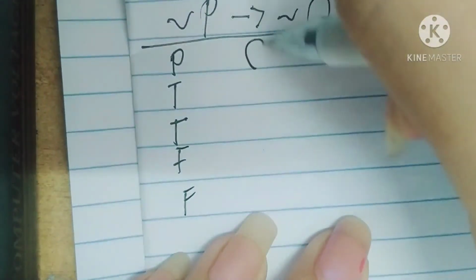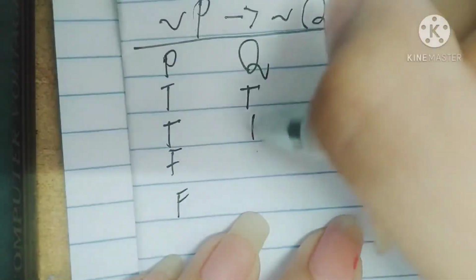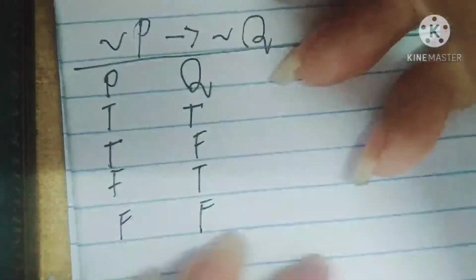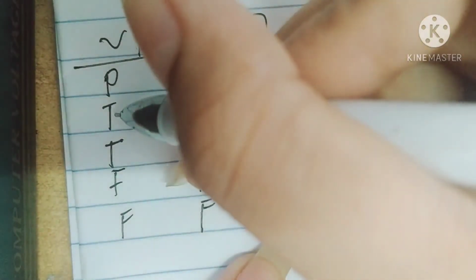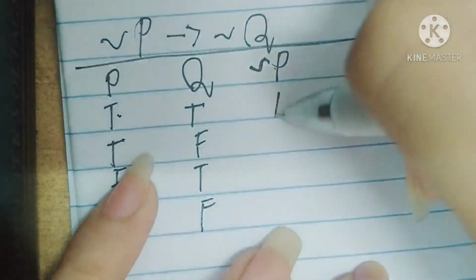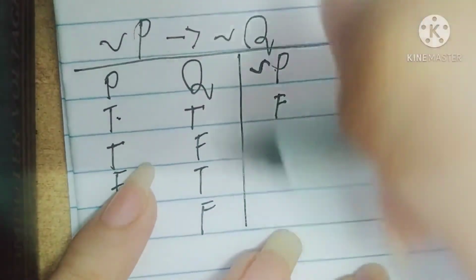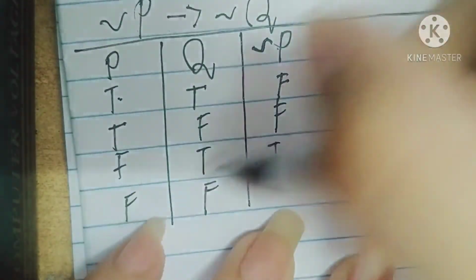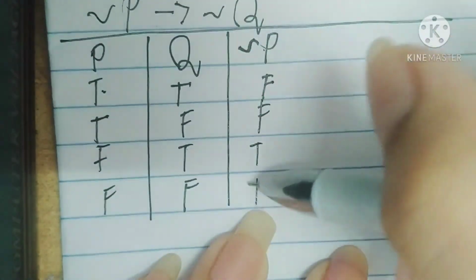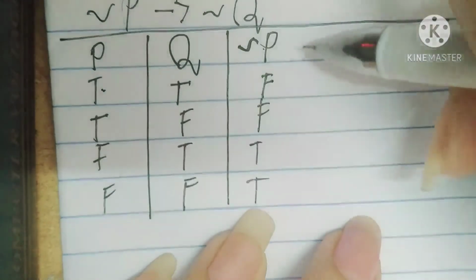For the truth table, still the same. For the P, we have T, T, F, F. And for the Q, we have T, F, T, F. For the negation of P, meaning you negate the value of P, the first one is T, so it becomes false. Next, the true will become false, the false will become true, the false will become true.